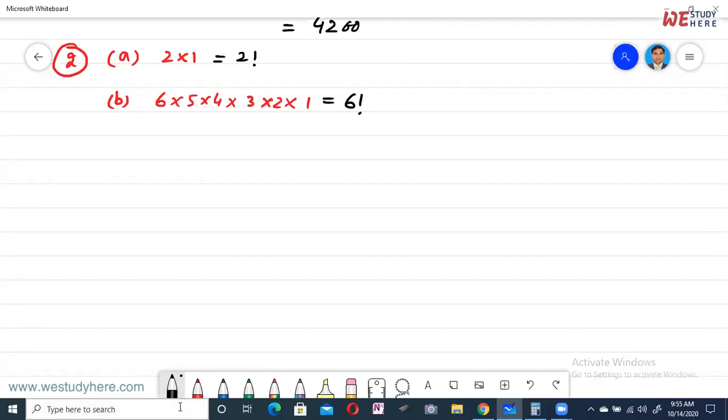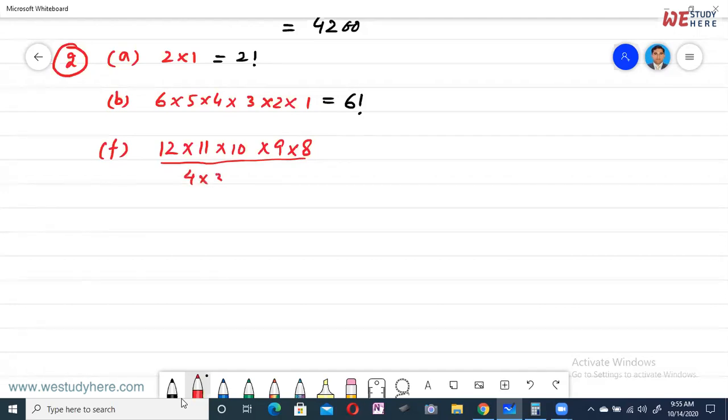Now, the last part of this question, you can see part F: 12 into 11 into 10 into 9 into 8 divided by 4 into 3 into 2 into 1.